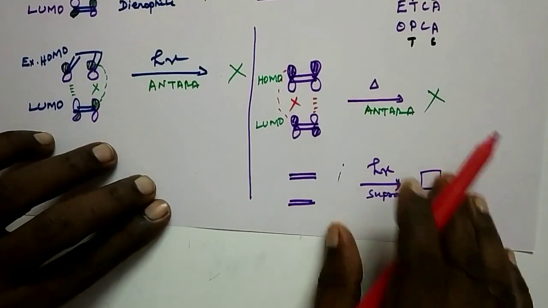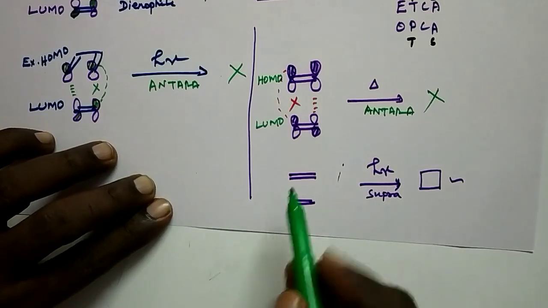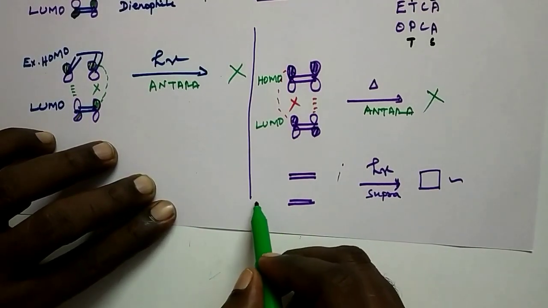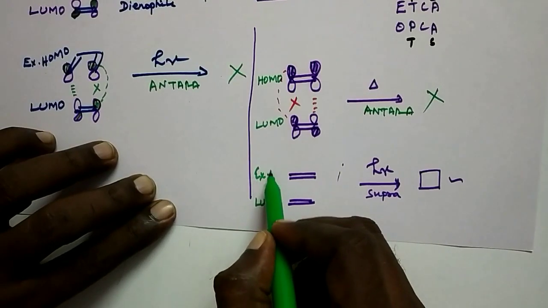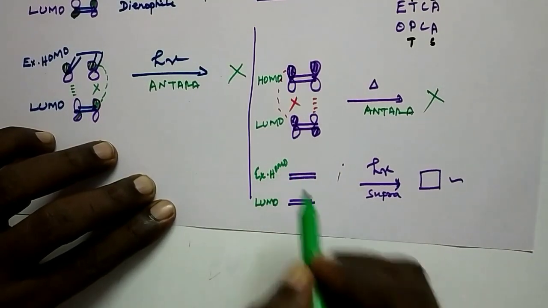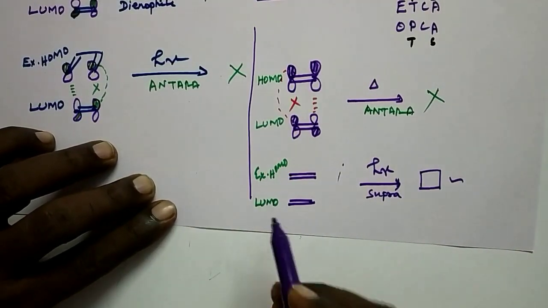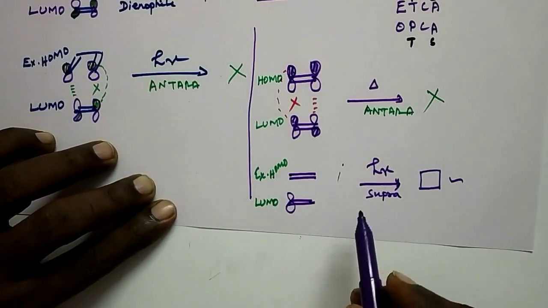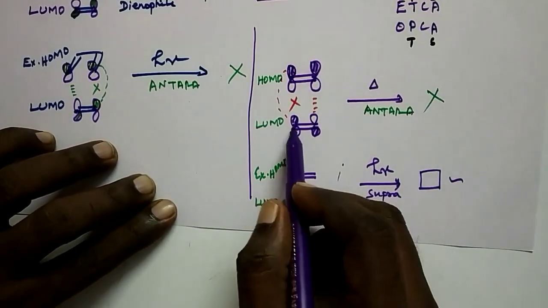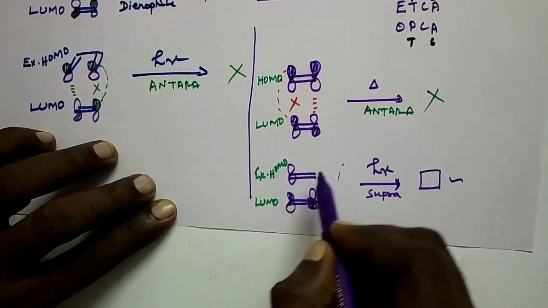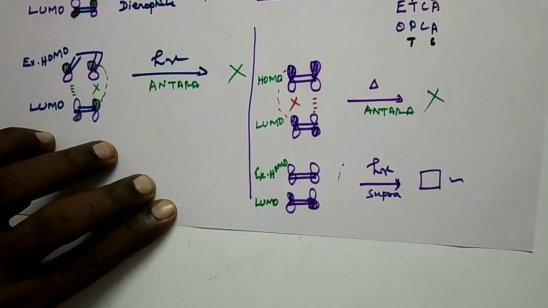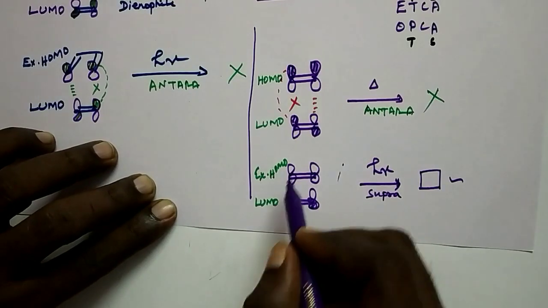But if you look at photochemical condition, photochemical means you should consider what? LUMO and excited HOMO, isn't it? LUMO, you know, already you have drawn the LUMO. LUMO is antisymmetric. And excited HOMO means what? Excited HOMO is nothing but LUMO. Okay.